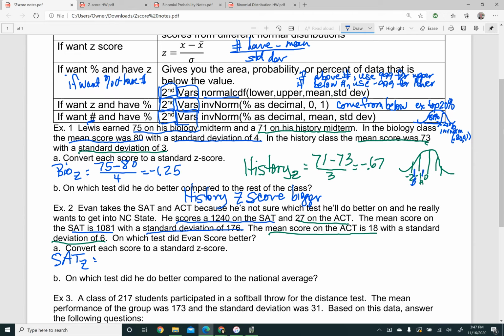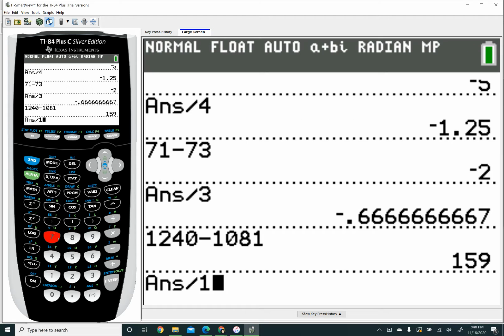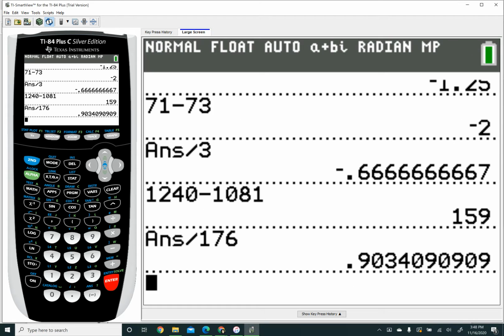We got hundreds or thousands and we got 20s. This is really comparing apples to oranges. So we get 1240 minus 1081 divided by 176, which is 0.90.